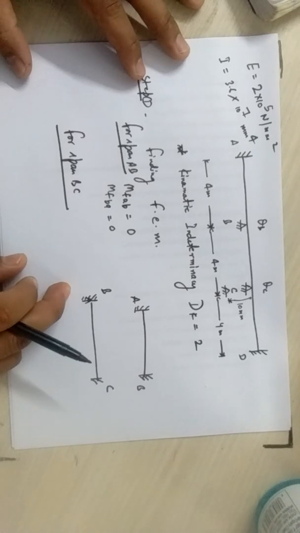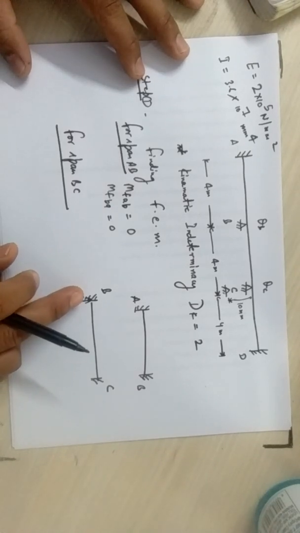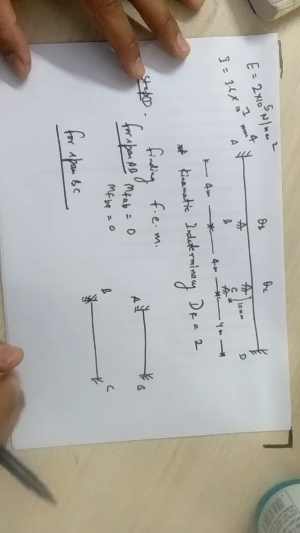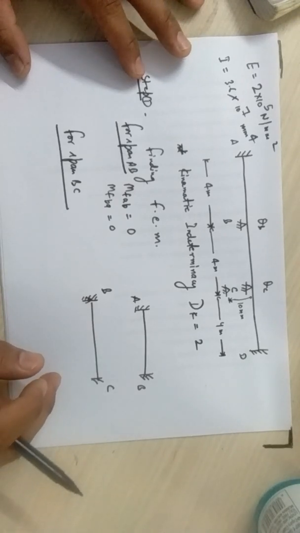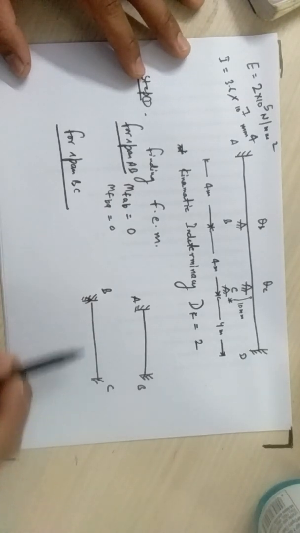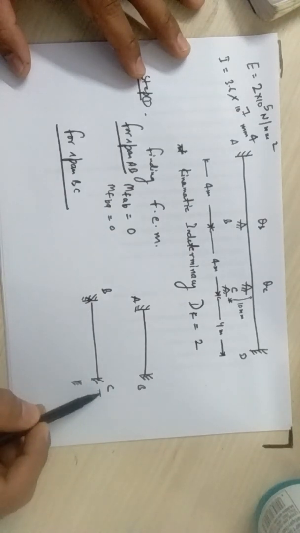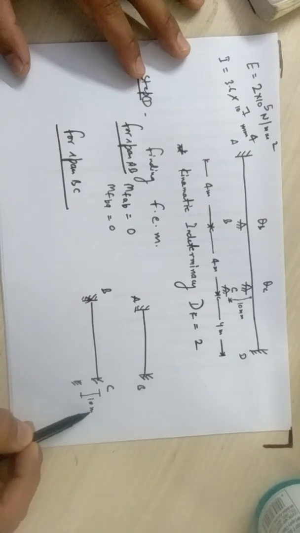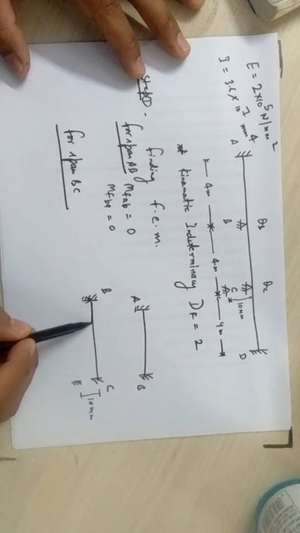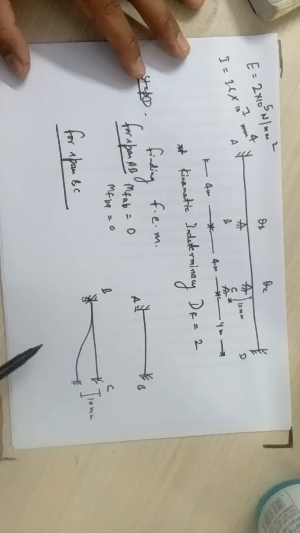So the end B is fixed and C is fixed, and it is given that our support C is sinking by 10 mm. So this support will sink by 10 mm. Now the new condition will be like this.